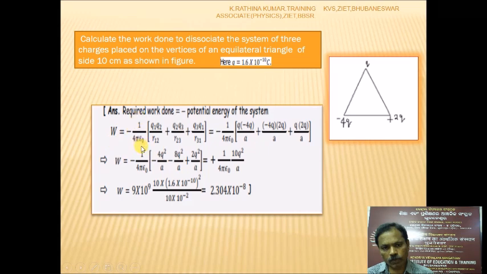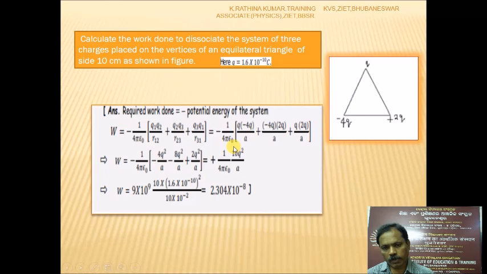So work done is equal to 1 by 4 pi epsilon naught, taken out, times Q1 Q2 by r12 plus Q2 Q3 by r23 plus Q3 Q1 by r31. Each and every charge experiences this, and the potential energy of the system, as per the superposition principle, is all of these added.